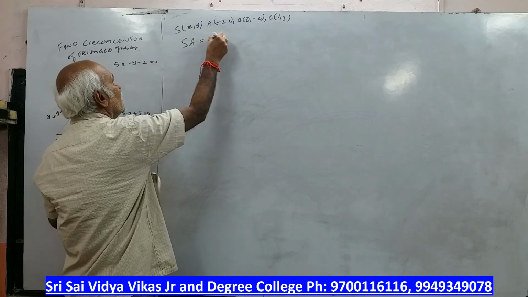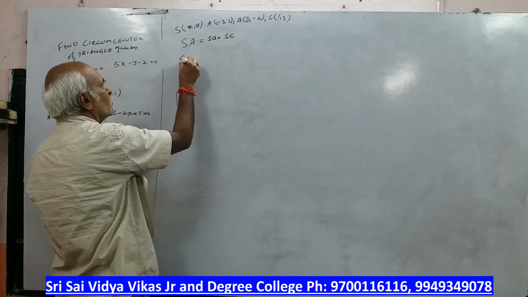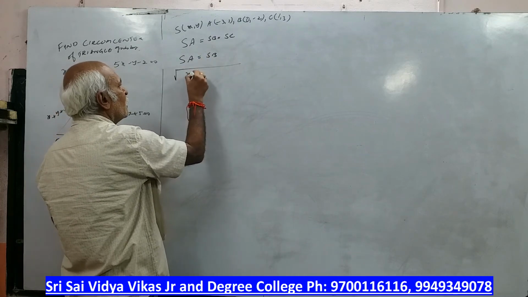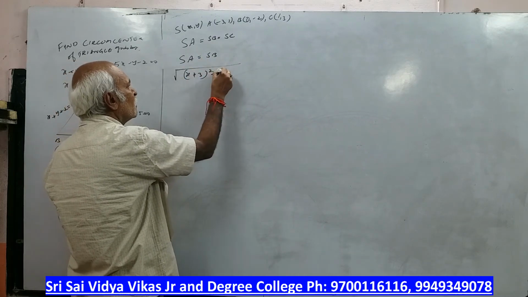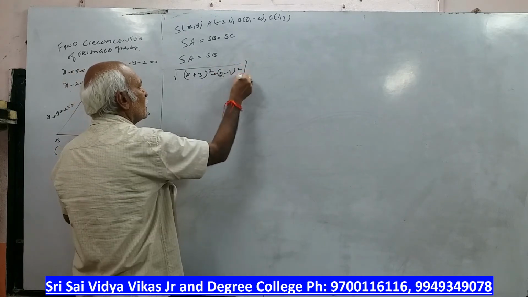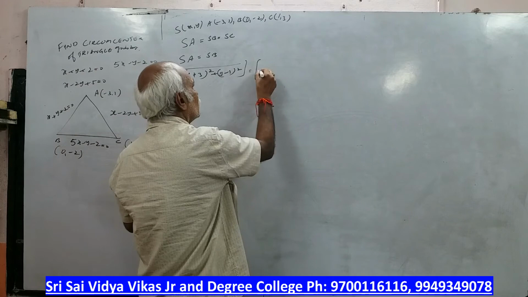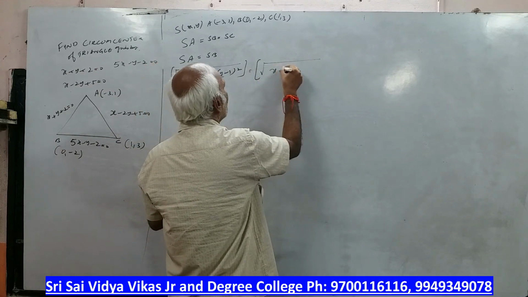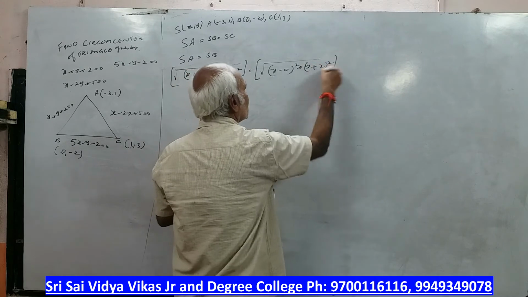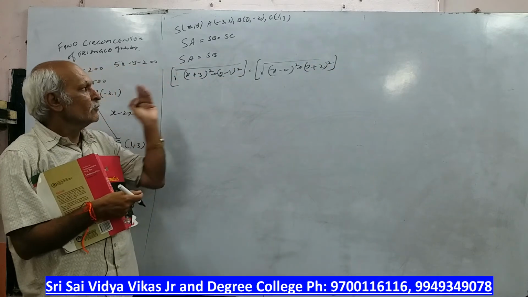SA is equal to SB is equal to SC. So SA is equal to SB: root of x plus 3 whole square plus y minus 1 whole square, is equal to root of x minus 0 whole square plus y plus 2 whole square. Okay, so you got this way.